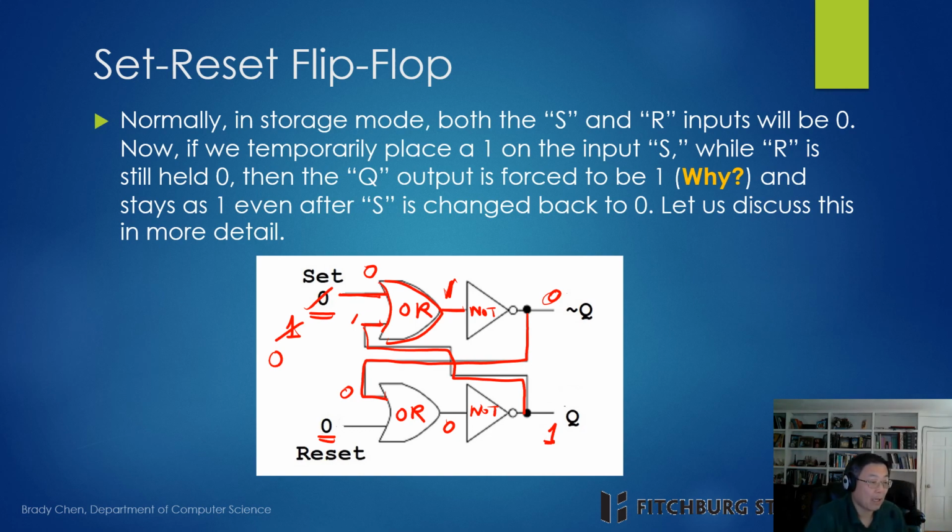So that's now we're in the stable state. Now both the set and the reset values are 0. So the value we stored in the flip-flop is 1, because this is a stable value.